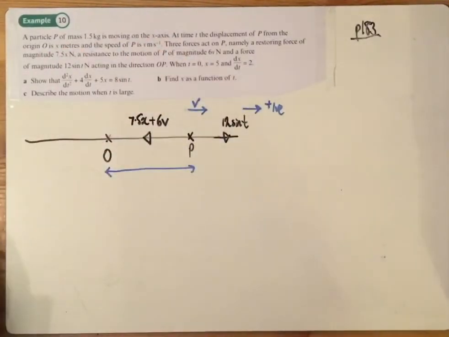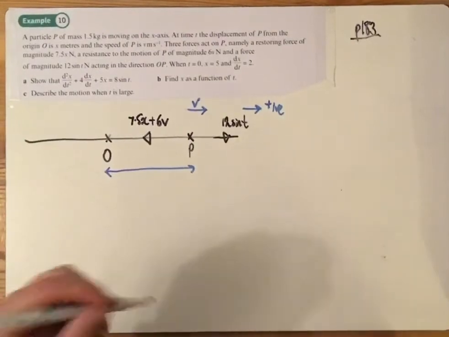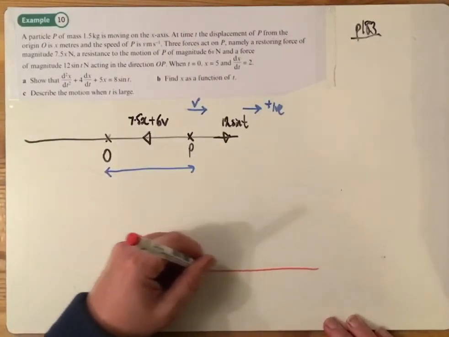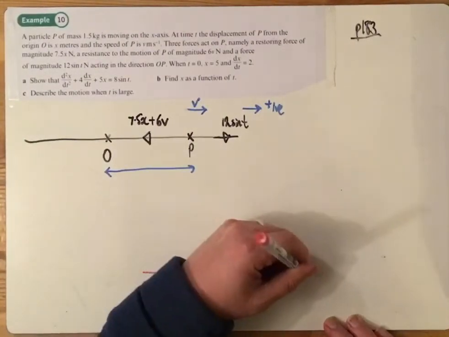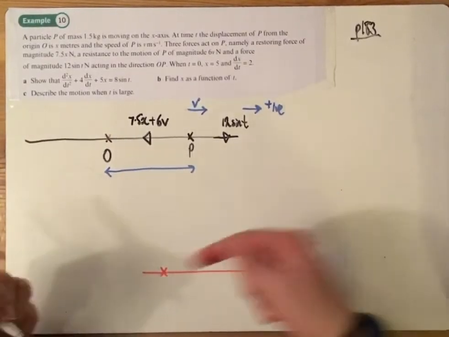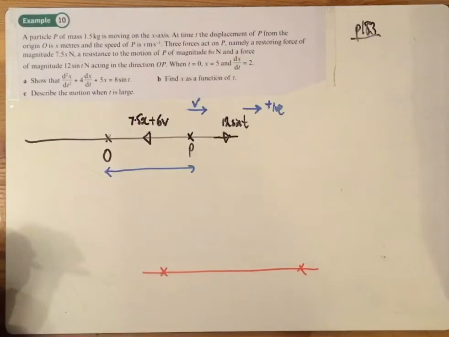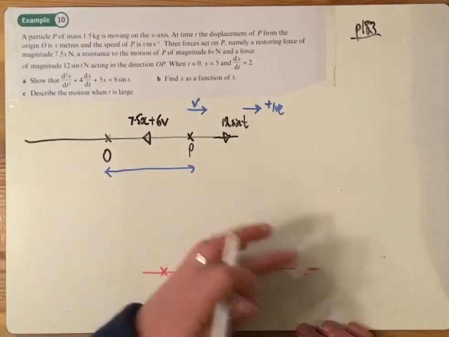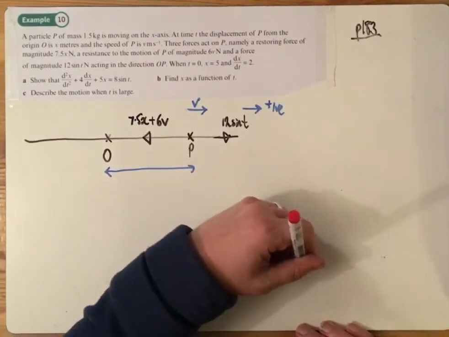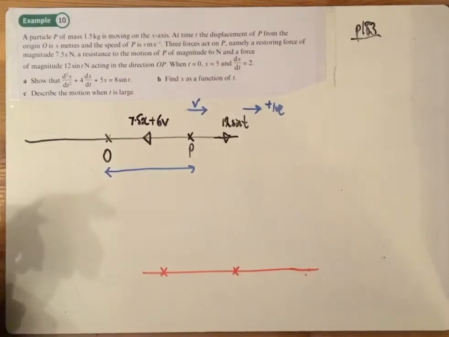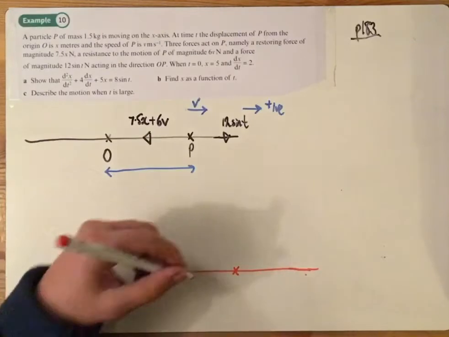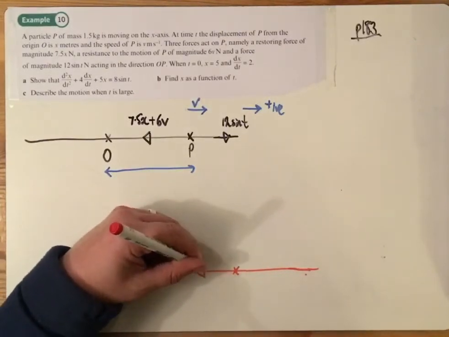I know we looked at this last lesson briefly. If the particle is actually moving in the negative direction, then I'll move it over here. But these questions, they feel a bit weird. I had to kind of think this one through, because you have the restorative force that is pulling you back in towards the centre.